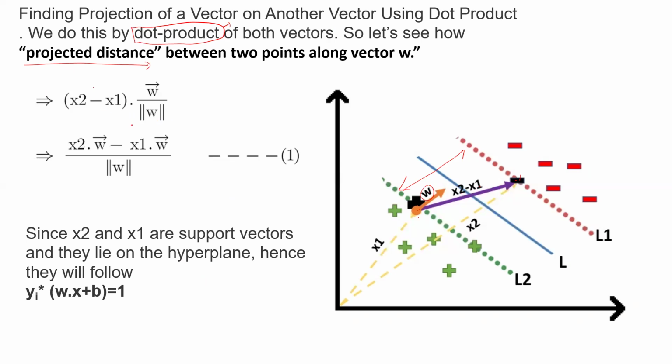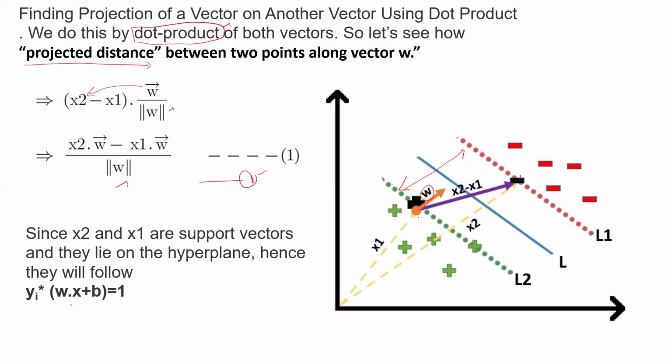So that is what I am building here: (x2 minus x1) dot product with w, the direction, by the magnitude of w. So we are just multiplying both of them, x2 w direction minus x1 w direction, by the magnitude. I will call this equation 1.